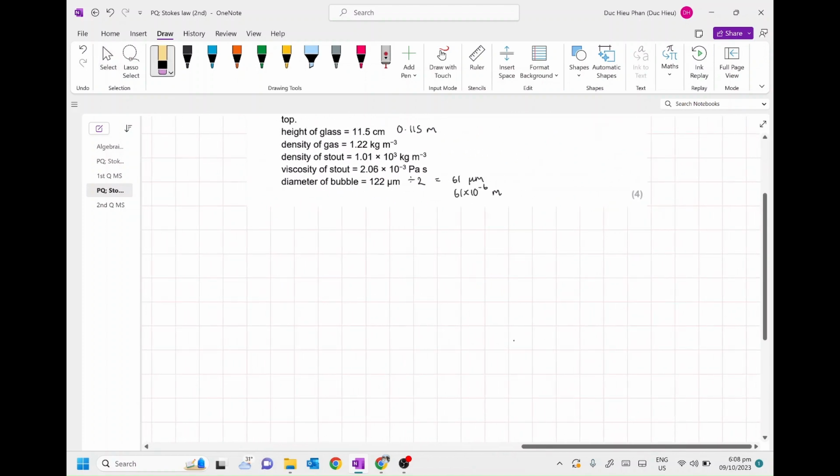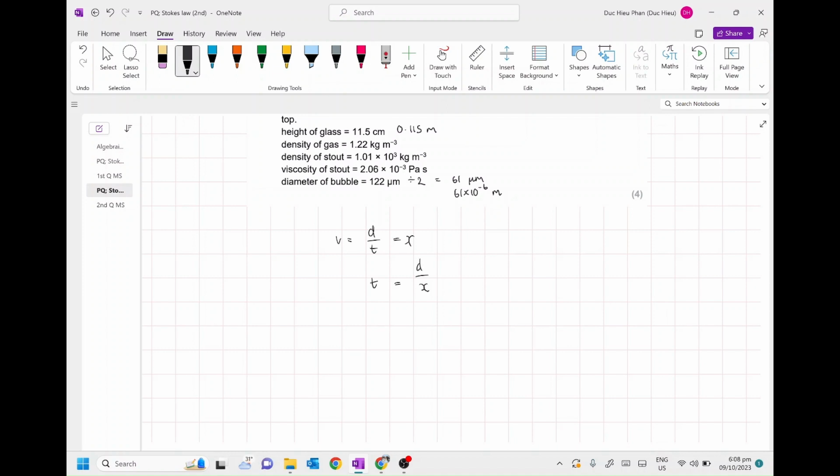But what we're going to do really quick is that if velocity equals distance over time, and velocity is equal to, let's say, x, to isolate time, we need to take the distance and divide the distance by x. So in actual fact, let me rewrite this. If distance over time equals x, then time equals d over x.